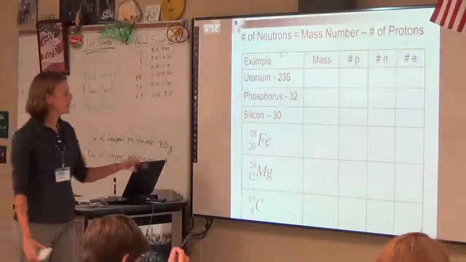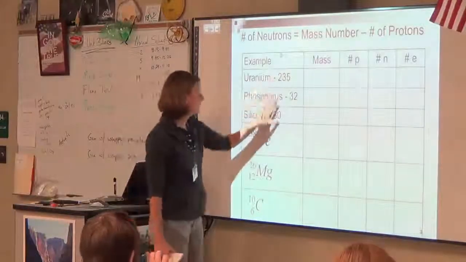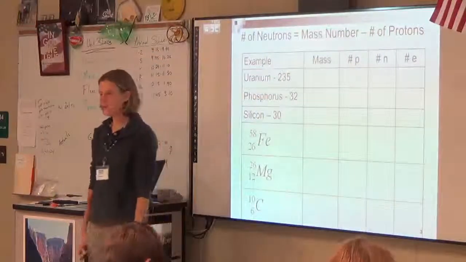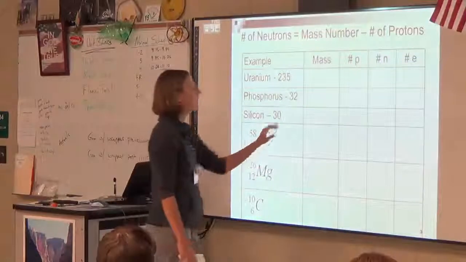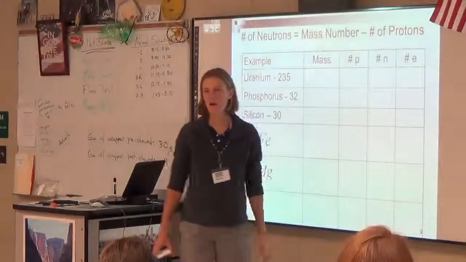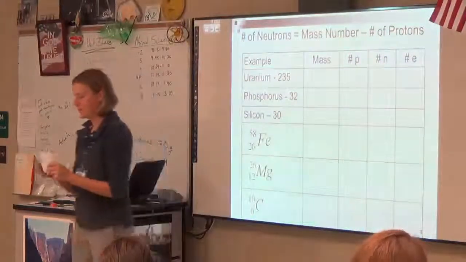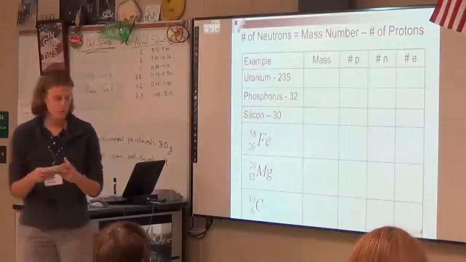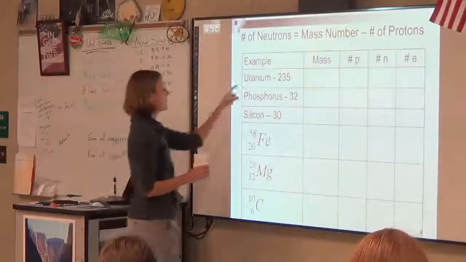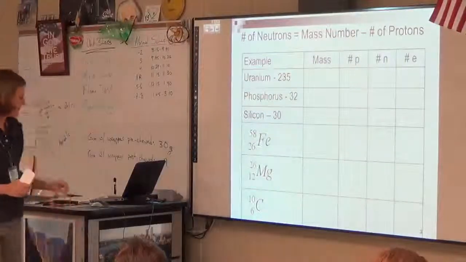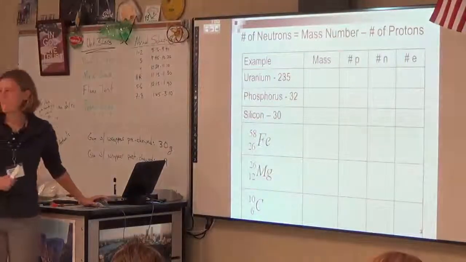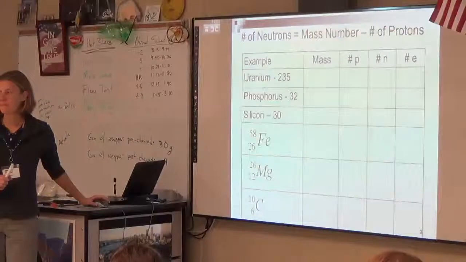All right, so here's a bunch of isotope notation examples, sort of like the sheet I've asked you to fill out. And I want to know all this info. So we're going to start with Jordan. If I write uranium-235, what's the mass? 235.